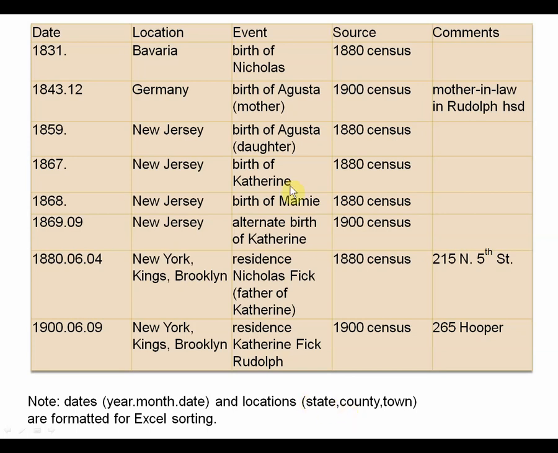This allows me to sort by this column location, so I can pull together all the events that happened in New Jersey, for example, or all the events that happened in Brooklyn, New York. And a timeline is an invaluable tool for making sure that you understand the records that you've collected for your ancestor and how they fit together to describe your ancestor's life.